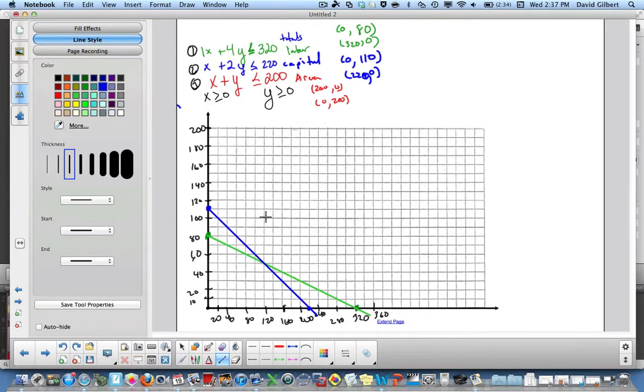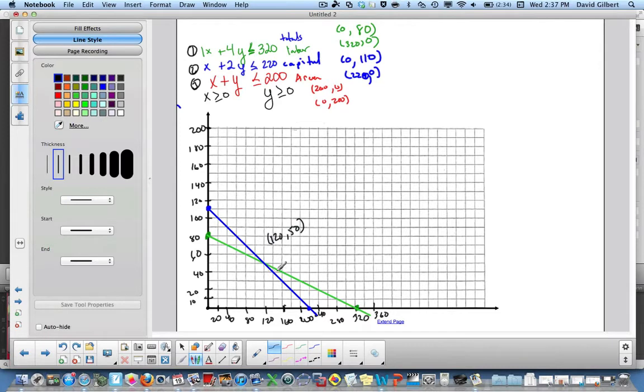You could do a system of equations between these two, which I did when I was making my answer key. If you look at the PDF of my answer key, you're going to see that I found the intersection of these algebraically and found that it is indeed 120, 50.